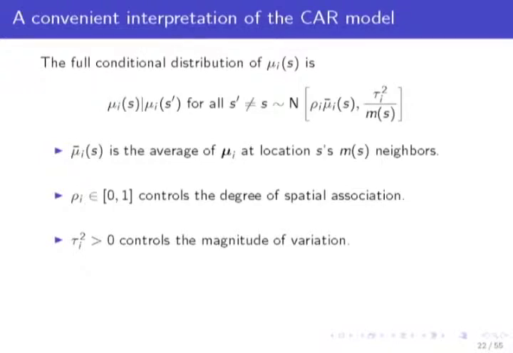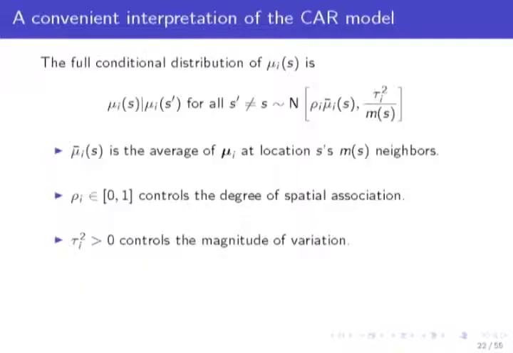It gives you a very nice representation, and then the variance structure is not tau i squared, but tau i squared divided by m i, where m i denotes the number of neighbors. So you can see that the more neighbors you have, it will have an influence on the variance of the spatial structure, and it will also influence the rho i, because now you have the mean to be rho i times mu i bar.